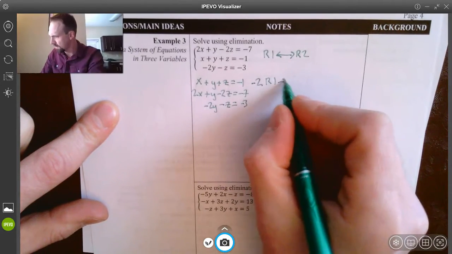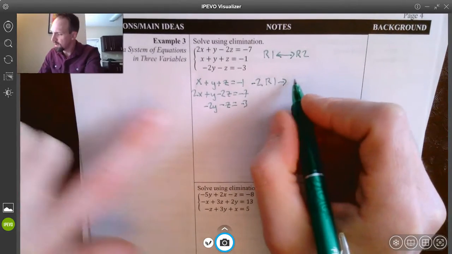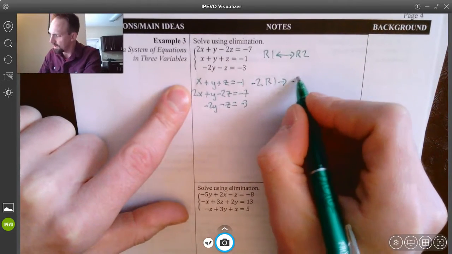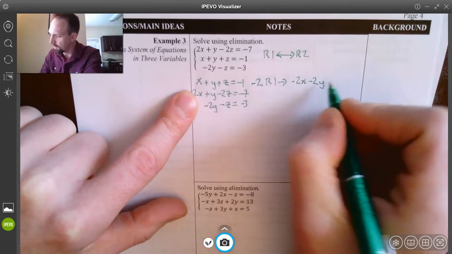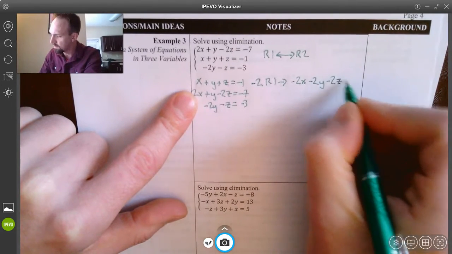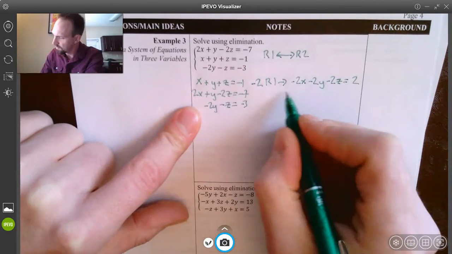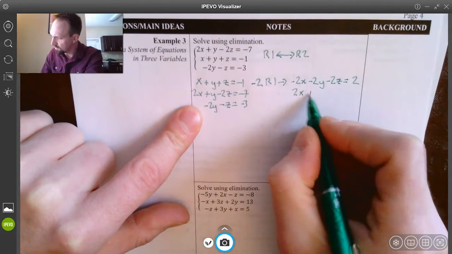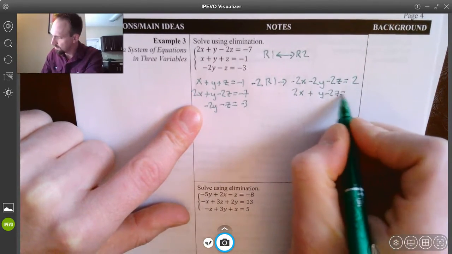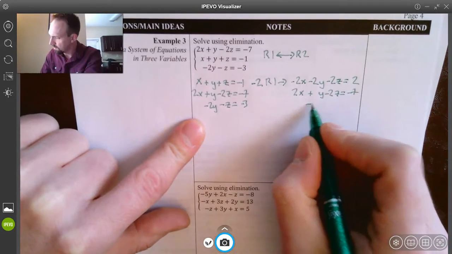So negative 2 times row 1 will give me this new value for the first row, which is negative 2x minus 2y minus 2z equals positive 2. Row 2 comes across as it is. Same with row 3.